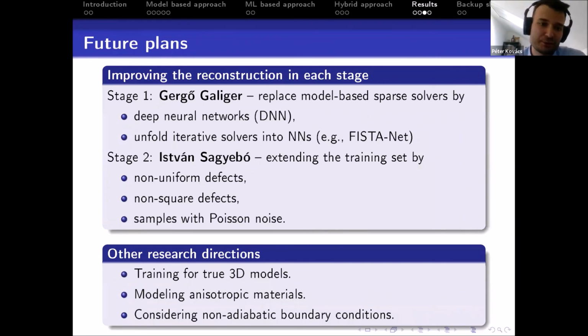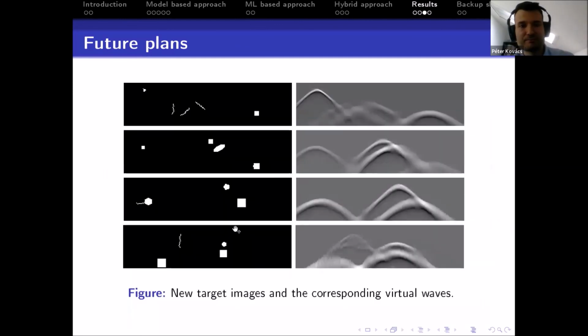And my other student, István Sagyabó, is working on the second stage, where he's trying to improve the reconstruction accuracy by extending the training data with other types of defects, non-uniform defects, non-square defects, and also adding other types of noise like Poisson noise.